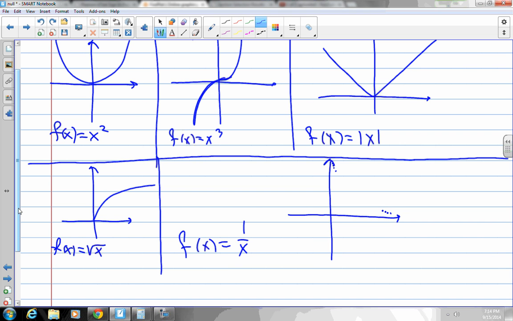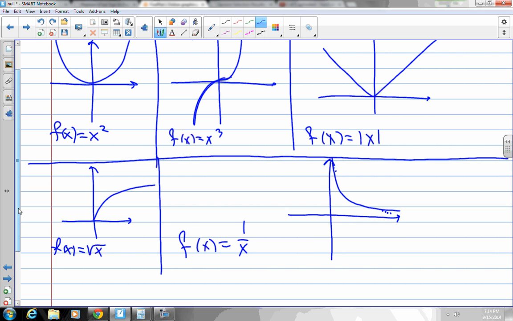Reciprocals of big numbers are small, reciprocals of small numbers are big. So you get something like this. You get really close to the x-axis, but you don't touch it because you cannot take a reciprocal of a number and get 0. And you don't touch the y-axis because 0 is not in the domain.